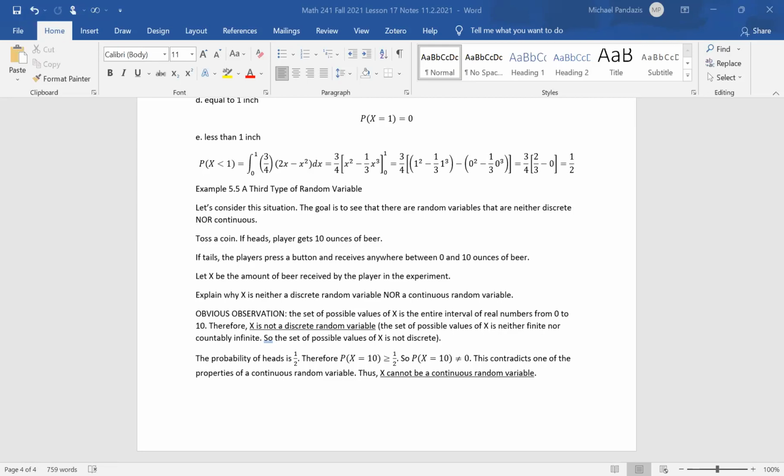But here we show that the probability X equals 10 is not 0, because a number greater than or equal to 1/2 can't be 0. So the probability of X being a fixed value is non-zero, and it would have to be zero in order to be a continuous random variable, which means it's not continuous. Okay, good.